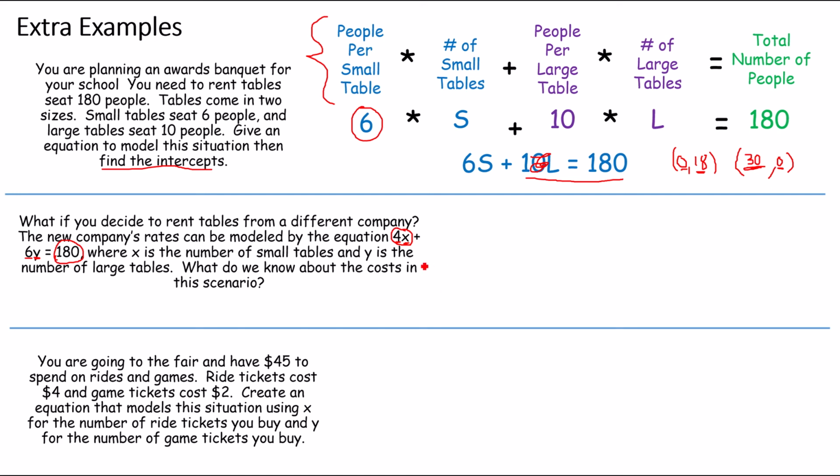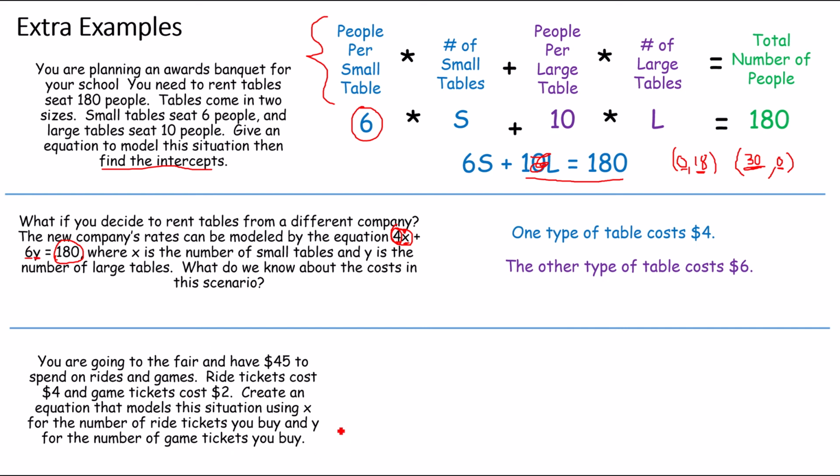If I think about it that way, when I see 4x, it looks like the small tables or one type of table cost $4 and the other cost $6. Remember, this number right here is being multiplied by the number of small tables. So whatever this is counting, it happens for each small table, or the 6 is for each large table.